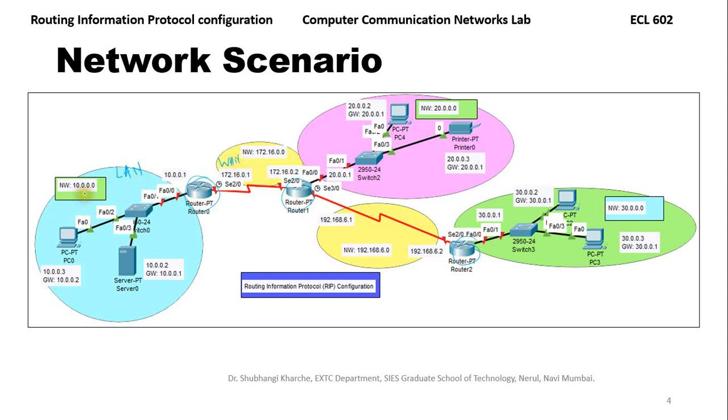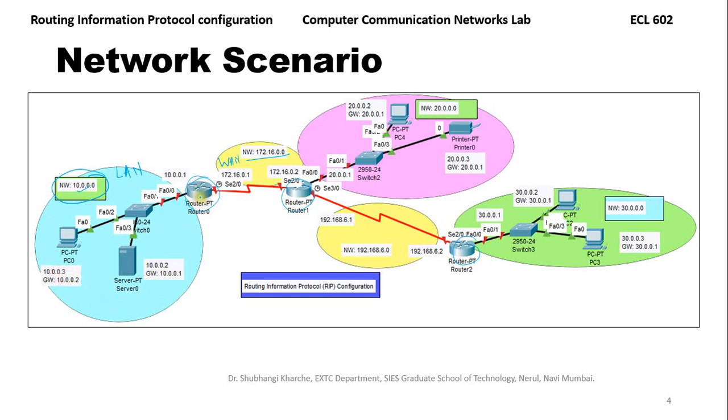The local area network belongs to class A network, that is 10.0.0.0, and the wide area network belongs to class B network, that is 172.16.0.0. So the devices connected in the local area network will have IP addresses belonging to this class A network, that is 10.0.0.3 and 10.0.0.2.